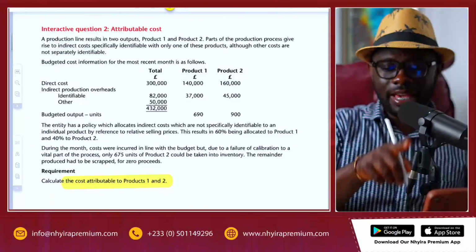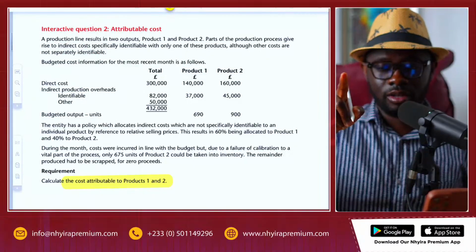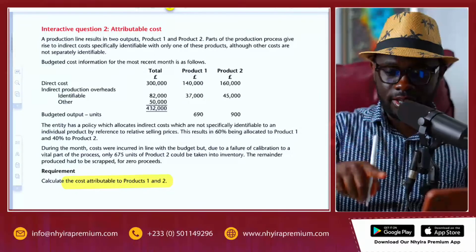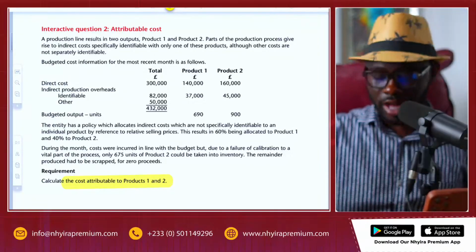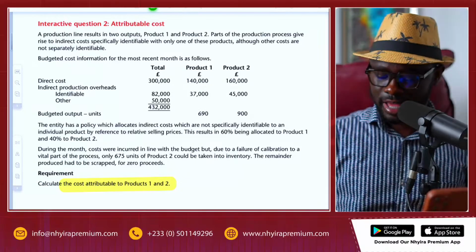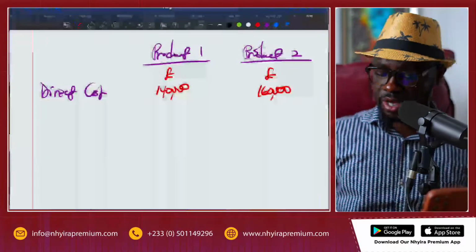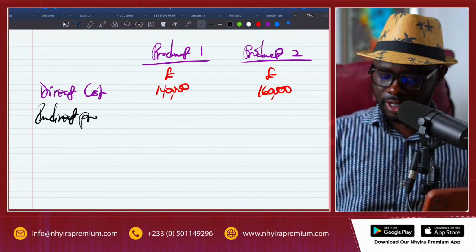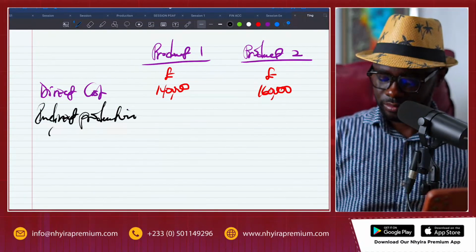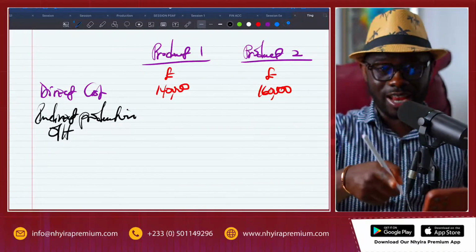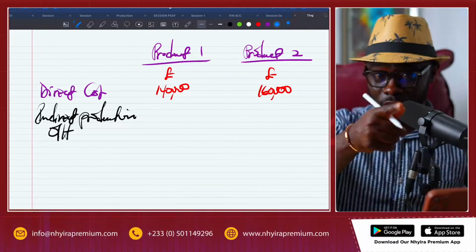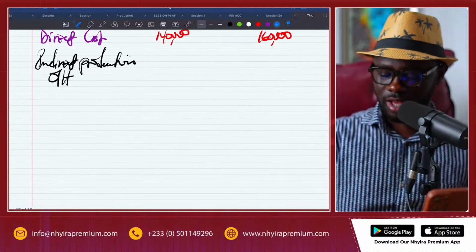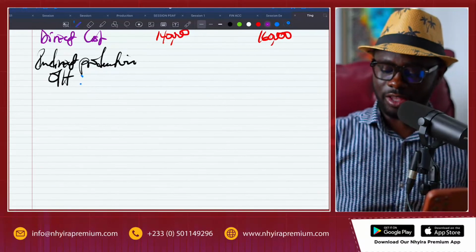Next, indirect production overheads. So we are seeing identifiable, so we bring them in. Indirect production overheads. O/H is overheads for me. Don't go and do that in the exam hall. If not, the examiner will come after you. I'm not there.